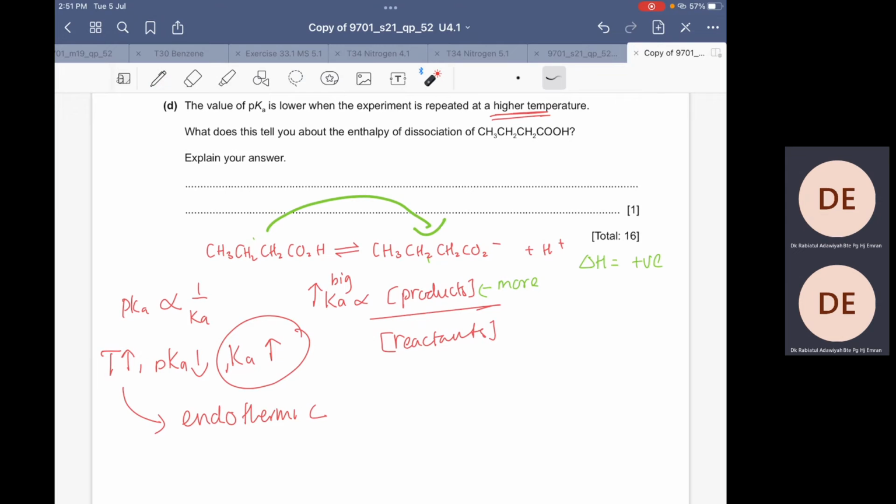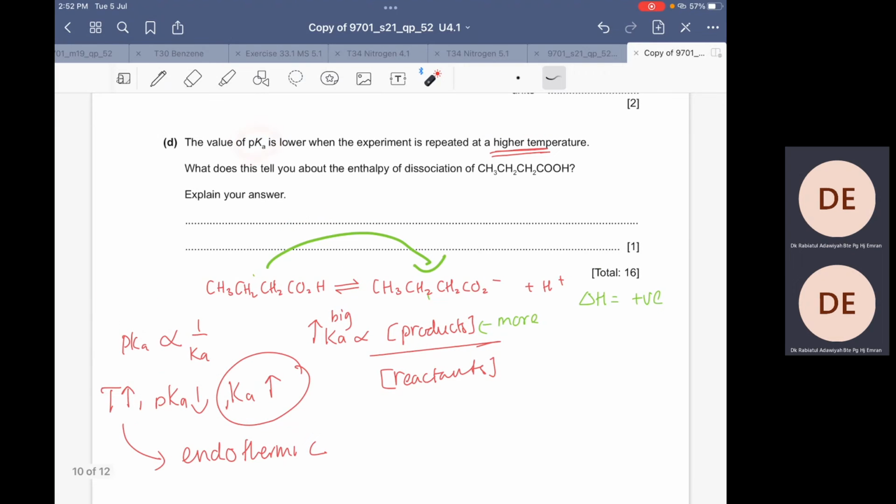Okay, this is working in reverse. Say we're working forward. Delta H of this reaction is positive because we said it's endothermic, right? As we increase the temperature, it favors the endothermic reaction, the forward reaction. The forward reaction means we are producing more products. So products is the top number. This becomes bigger, your Ka increases as well. If your Ka increases, your pKa decreases because it's inversely proportional. All right. So that follows the statement: at higher temperature, your pKa decreases. Okay, so how do we answer this question? Explain your answer.